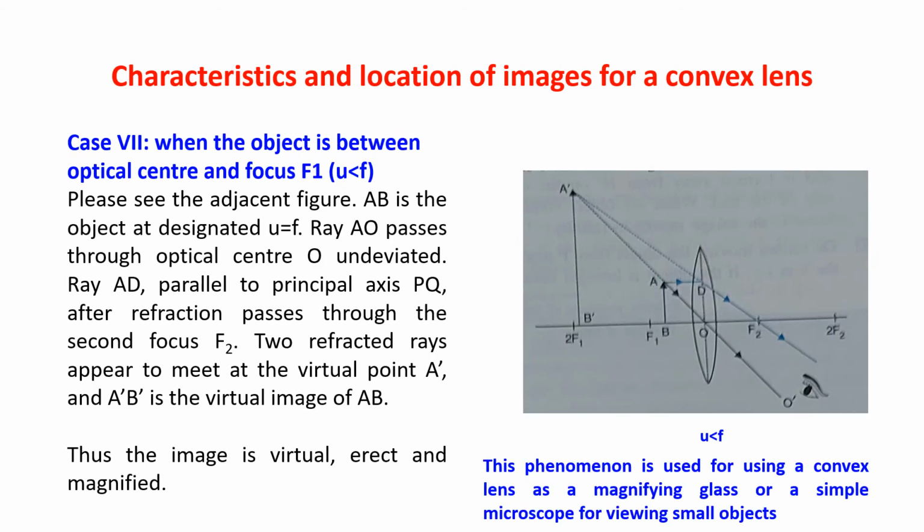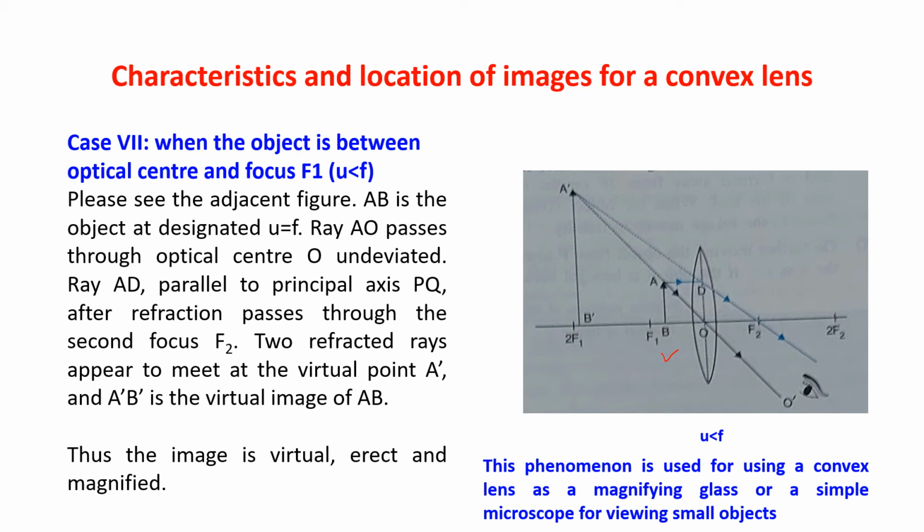Now this is the last case for a convex lens. When the object is in between the center and the focus f1. You can see here the object is taken in between the focus f1 and the center O. So you can understand that we are bringing the object nearer to the optical center.